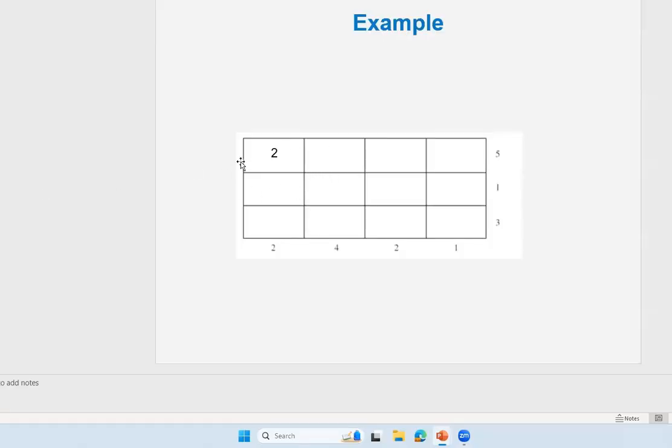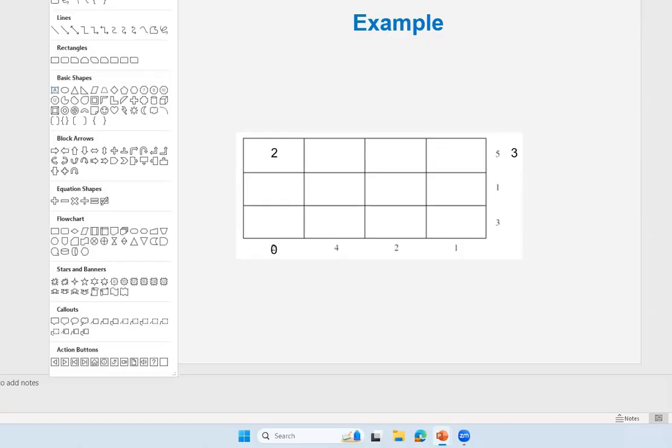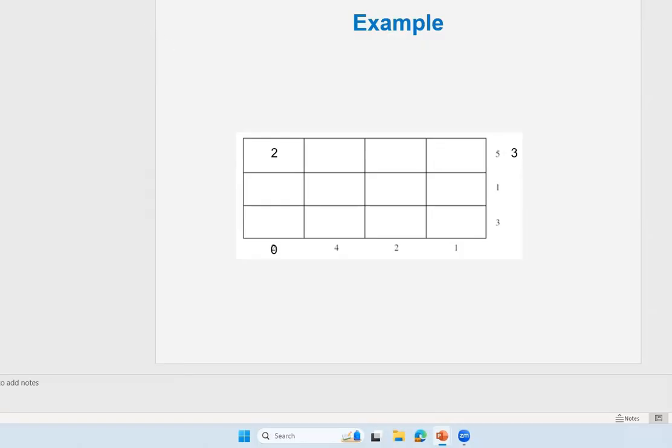And then if I subtract those two, this becomes 0, this becomes 3. This becomes 3, this becomes 0. Then get rid of that entire column.